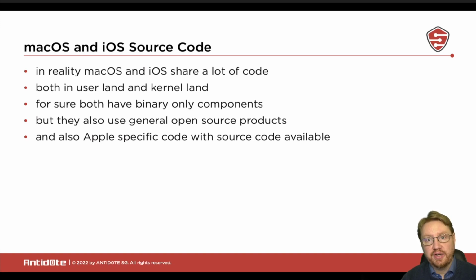Sometimes they use it directly, and sometimes they have a bunch of Apple-specific changes. And then, of course, you have additional code that is fully written by Apple engineers, and those things often also come in source code form.